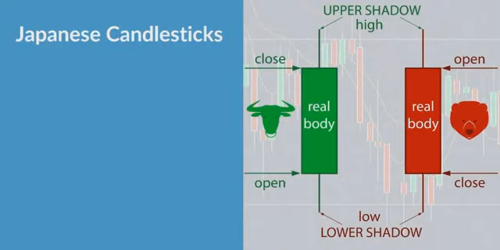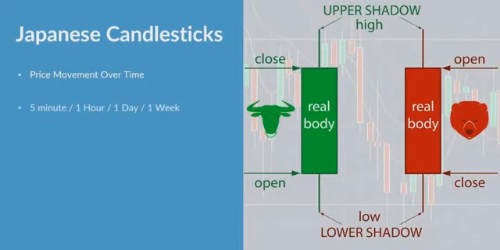Okay? So let's have a look at the Japanese candle in a close-up. Okay? So here on the right, you have two different Japanese candles. You have a bullish Japanese candle and you have a bearish Japanese candle. Now, they both tell us the same information. They're just telling us in which direction the market or that particular time frame is going in. Okay? So, a Japanese candlestick is a price movement over time.